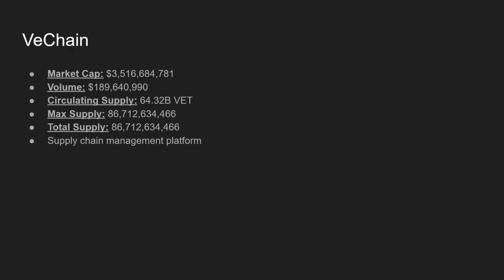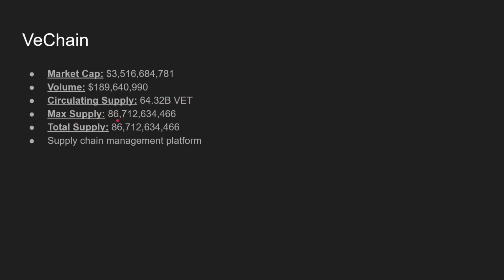Next up, we'll take a look at VeChain. So VeChain has a $3.5 billion market cap. The trading volume is about $189 million daily trading volume exchanged hands. The circulating supply of VeChain is about 64.32 billion VeChain.